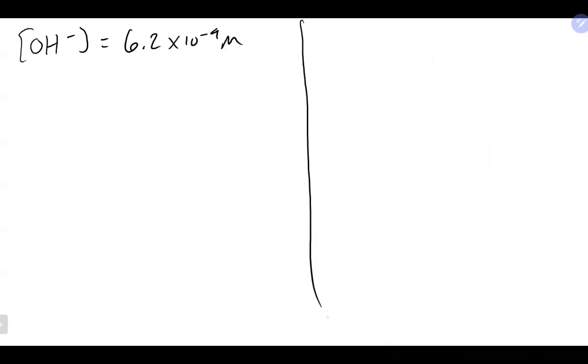All right, continuing on to the next two that we have some OH minus concentrations given to us. So we have in this case OH minus equals 6.2 times 10 to the minus 9, and 8.1 times 10 to the minus 3. So once again, we're going to use our Kw here.